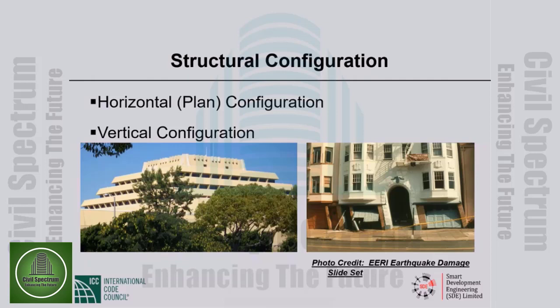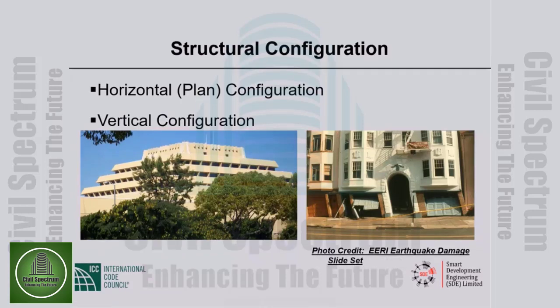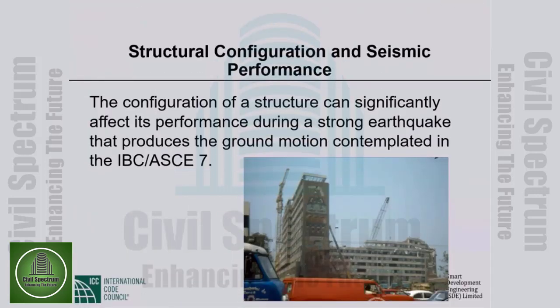For our purposes, we talk about horizontal or plan configuration, how parts are arranged in plan. And then vertical configuration, how parts or structural members are arranged along the height of a building. Okay, both are of concern to us as structural engineers.